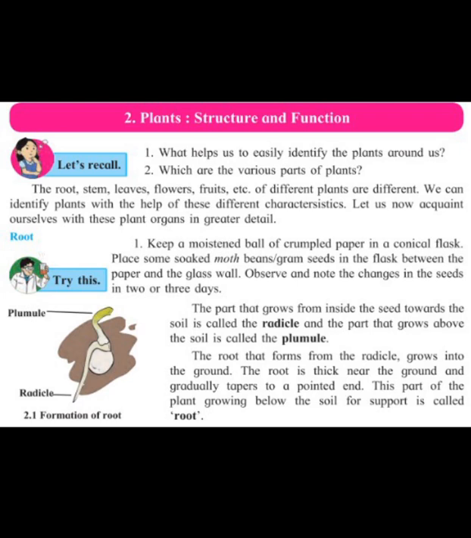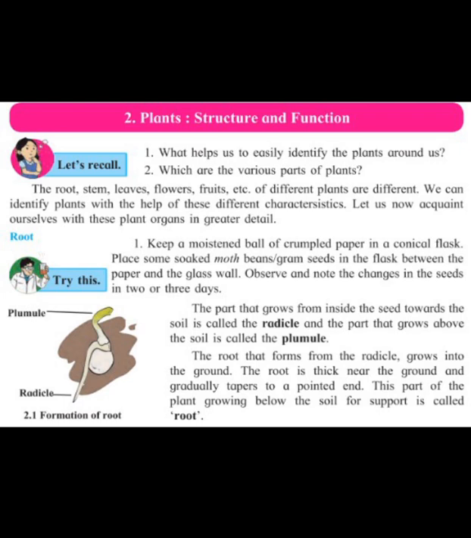And it is with these parts that we are able to identify different plants, right? Now, in this chapter, we will see details about all these parts. Okay, children? First, we will see about the root.